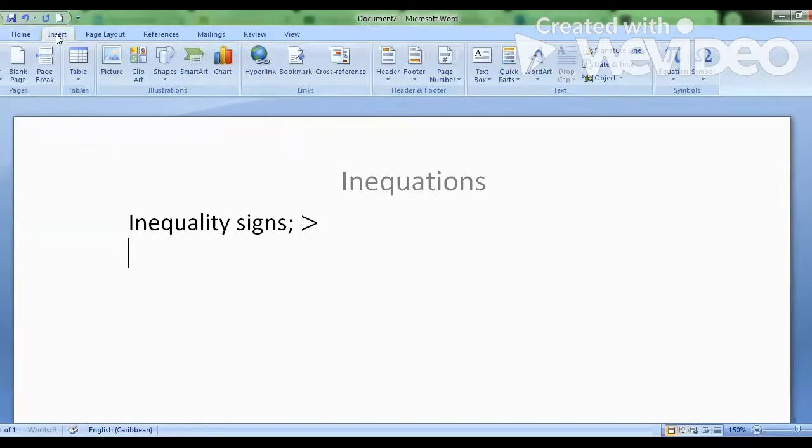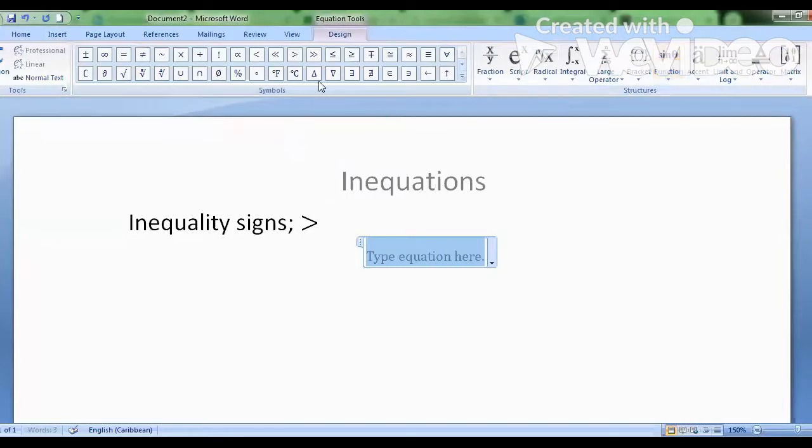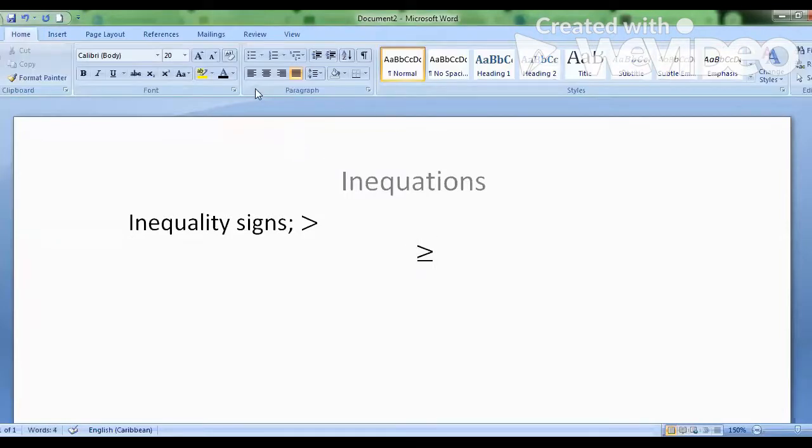Can someone tell me what that one is? Greater than. Yes. Which sign is it? Greater than? Yes. And the next one is greater than or equal to. So this one is called greater than.